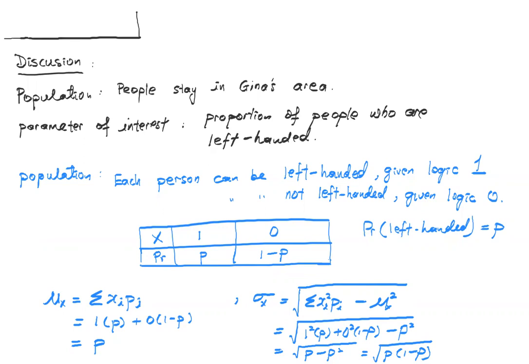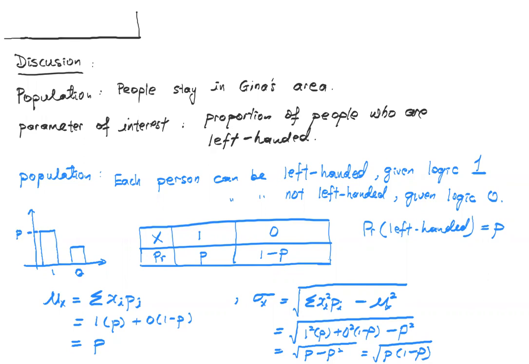And we know that our population distribution is definitely not normally distributed. For example, this may be the situation, and this is P, and the other one will be 1 minus P. Which one is taller?